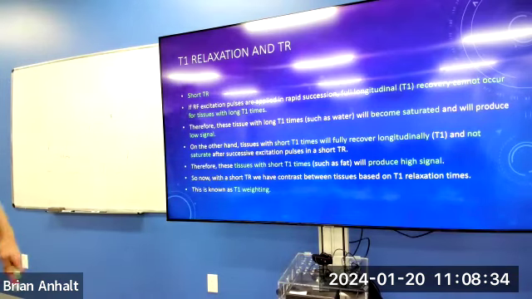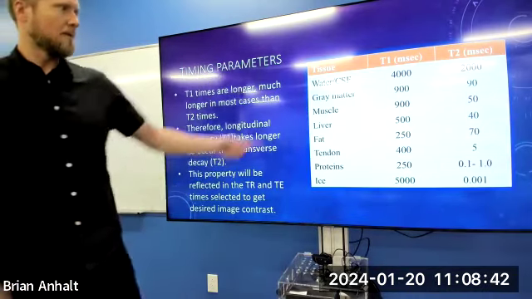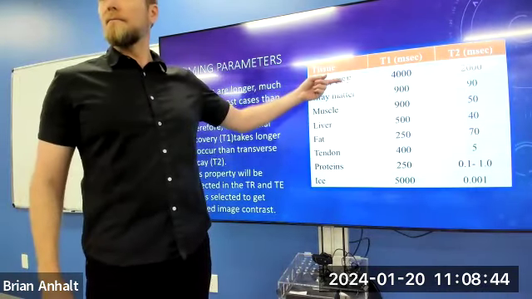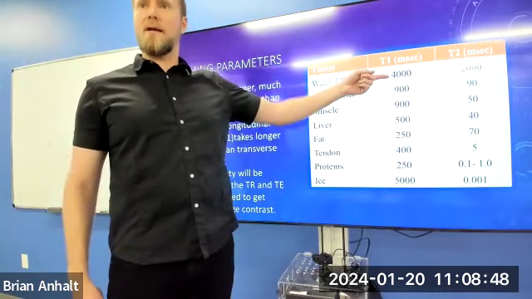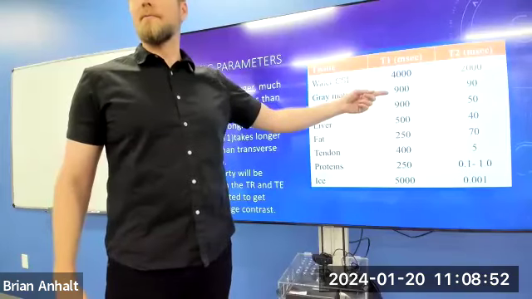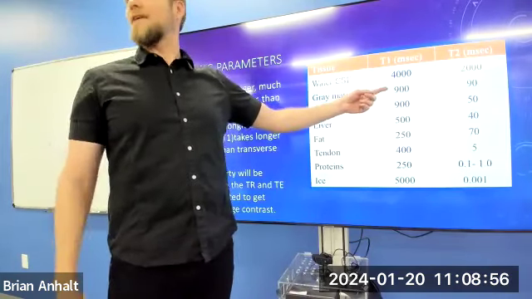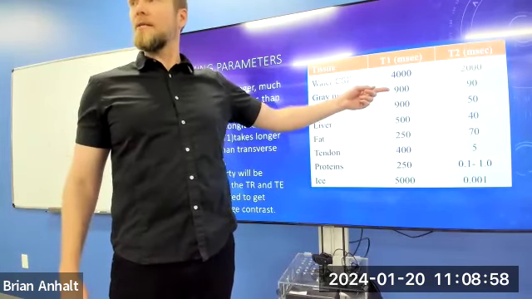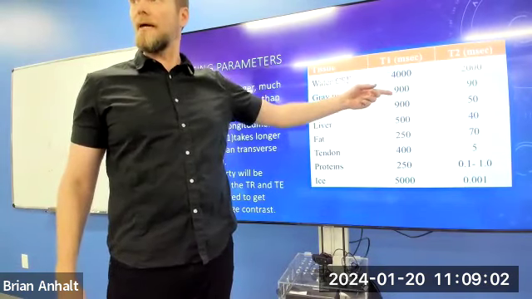So go back here. Which ones are going to look dark and which ones are going to look bright with a short TR? Dark or bright? Dark, right? Because it's not going to recover very quickly. We're going to saturate it with energy and not have much to flip into the transverse plane. Gray matter. Going to be kind of saturated with energy, right? Depending upon our TR, but it's going to recover quicker than water, so it's going to look a little bit brighter than water, right?